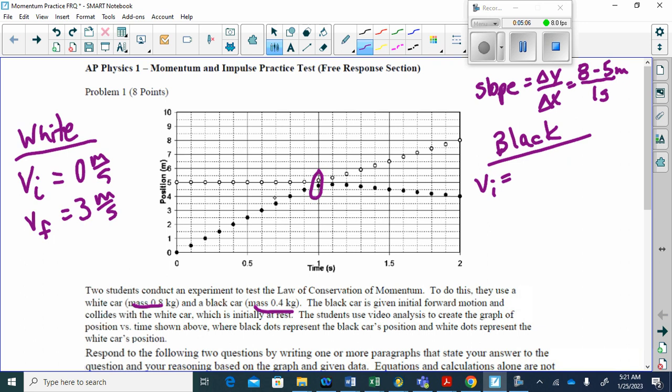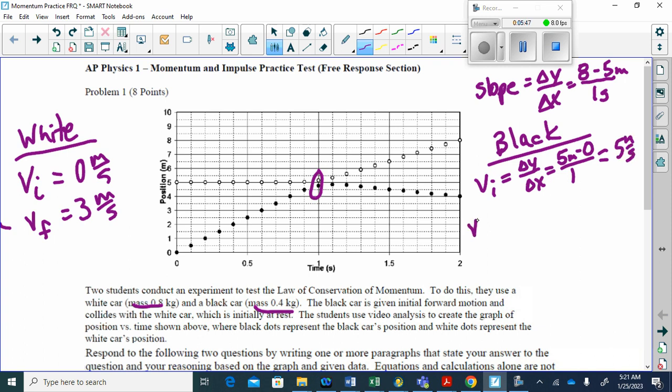So if we calculate the initial velocity, we have a rise, it goes from 0 to, I guess those are both at like 0.5 meters per second, and all of that happens over 1 second. So it's a constant velocity because it's a constant slope over that first second, giving us an initial velocity of 5 meters per second.